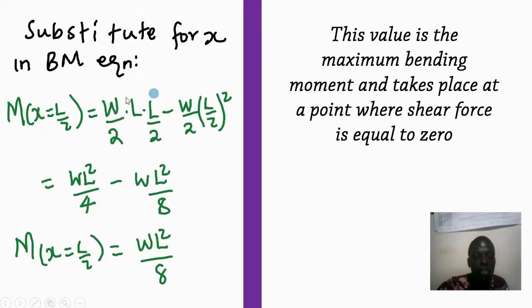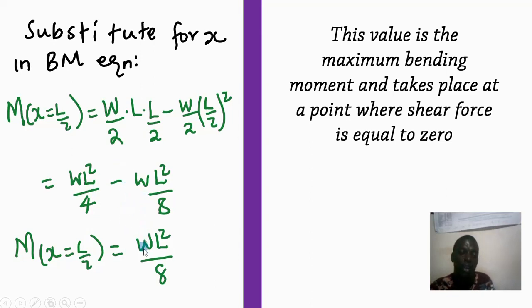Now, some information that we also need to discuss is that if we get the value of x where shear force is equal to 0, we can substitute it in the expression for bending moment so that we are able to determine the maximum bending moment.